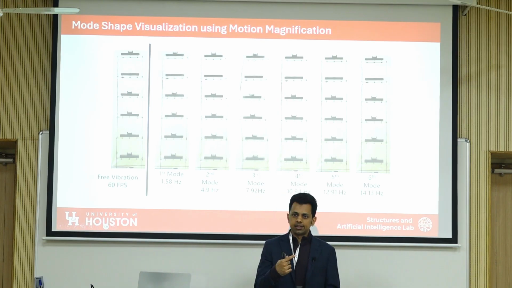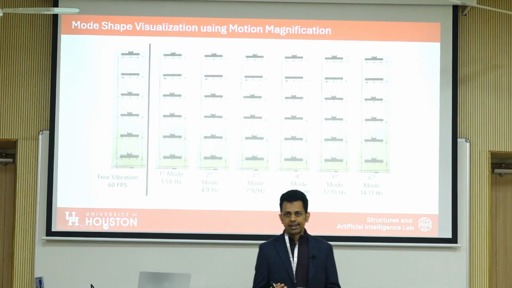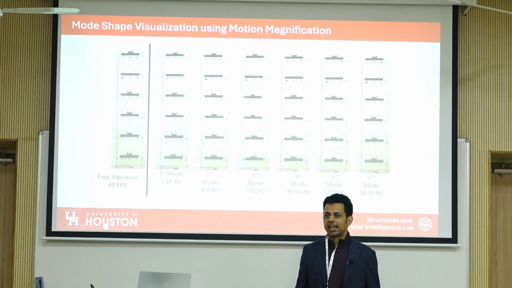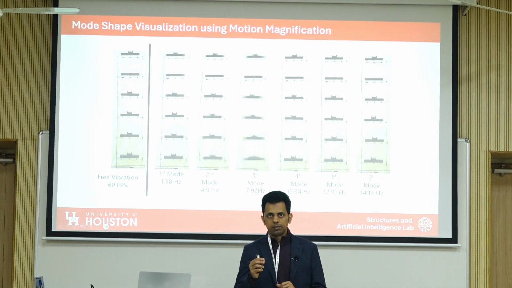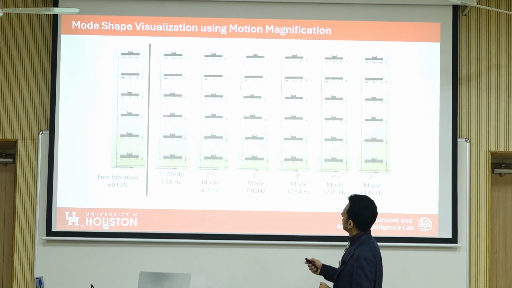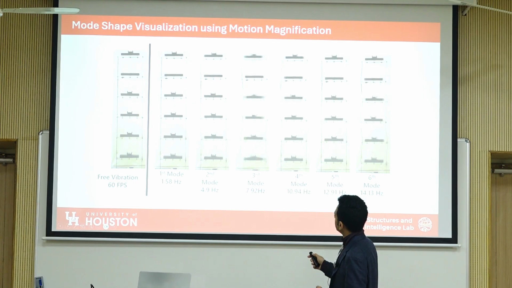You band pass the video, identify the natural frequencies, then band pass at the different frequencies, and reassemble the band passed responses into the video, and then you can see the structure vibrating at different modes.